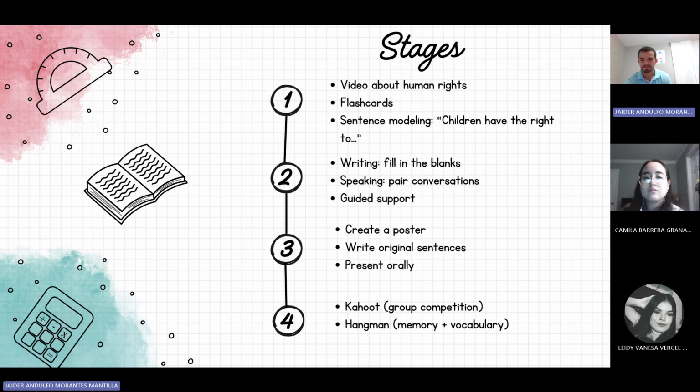As for the activities, there are four stages. In each stage, the idea is to evaluate or get different knowledge and reinforce different skills, in this case speaking and writing.